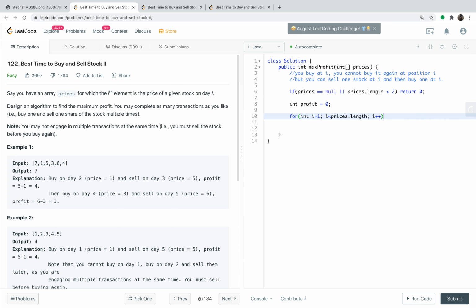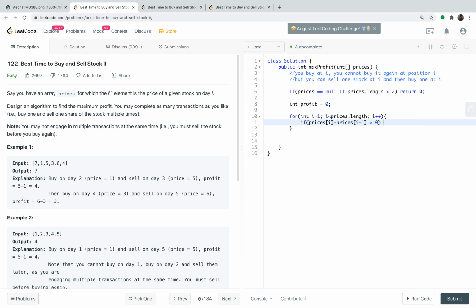So if prices[i] minus prices[i minus 1] is larger than 0, that means the price at day i is larger than the price at day i minus 1.